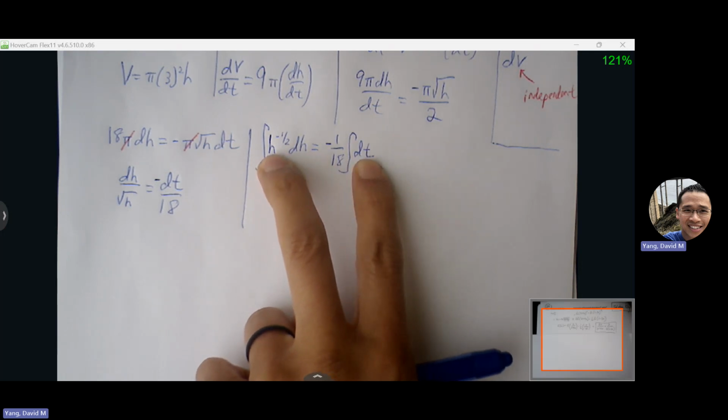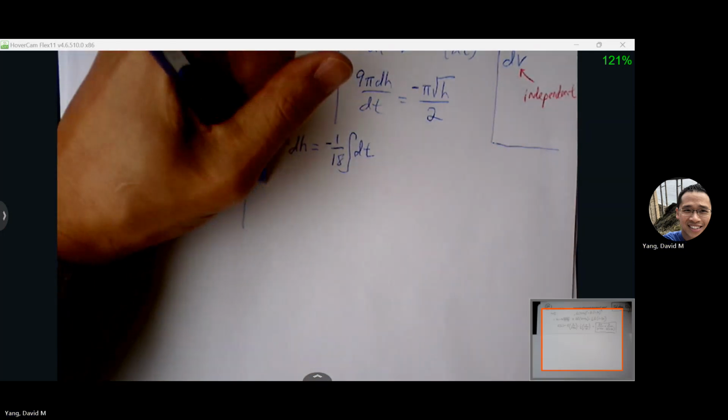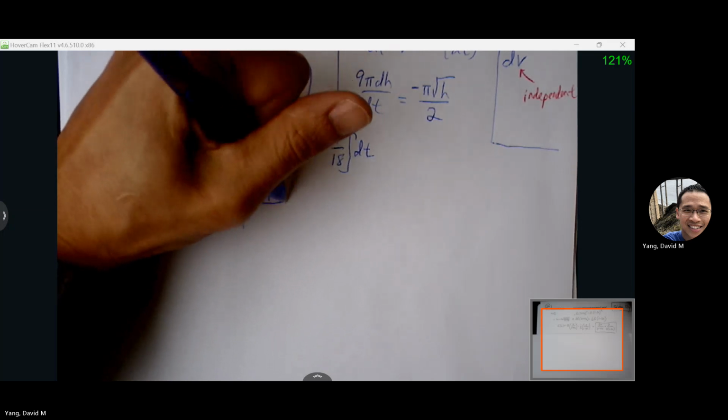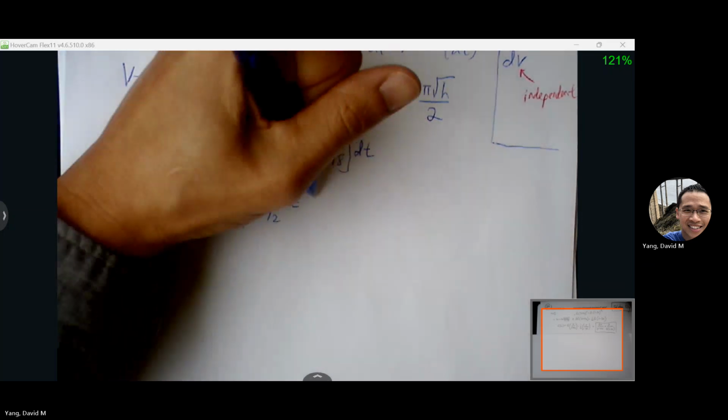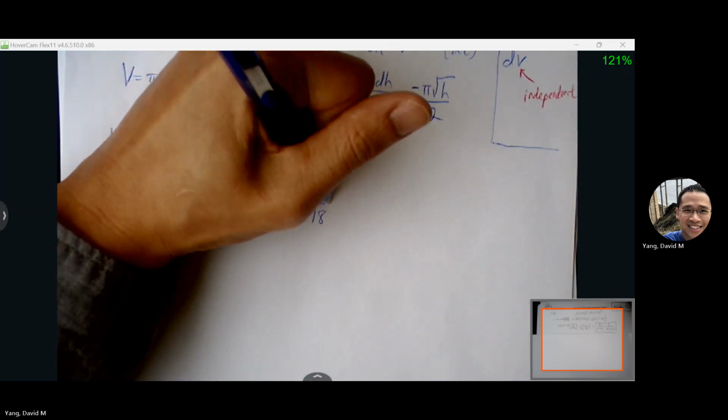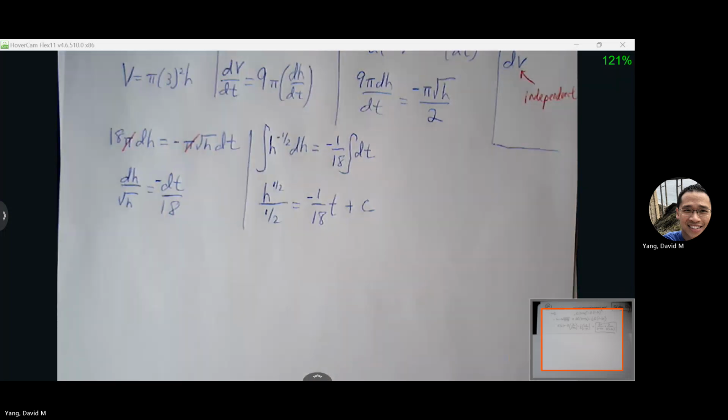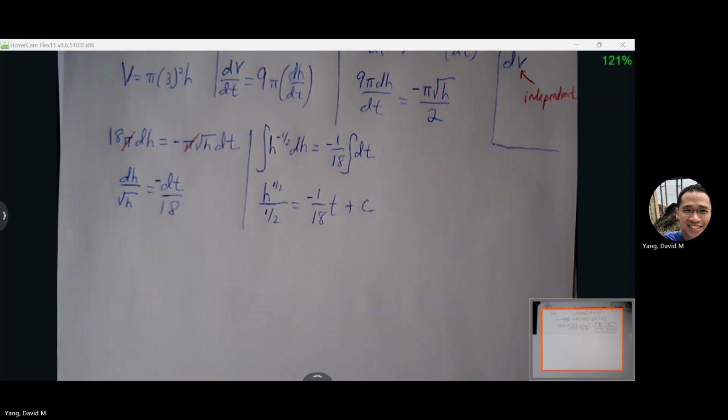Power rule on the left, power rule on the right. Okay, so now that we solved this differential equation, you're free to do whatever order you want to do things in. But ultimately, there's two things left to do. We got to solve for h, and we got to solve for c.